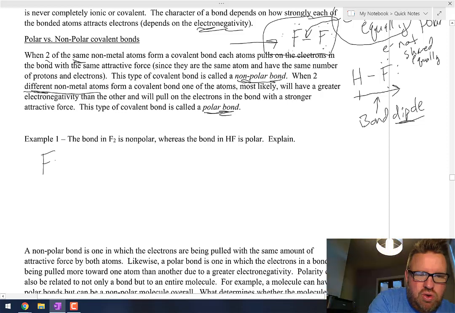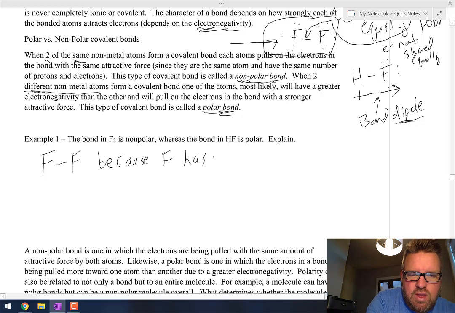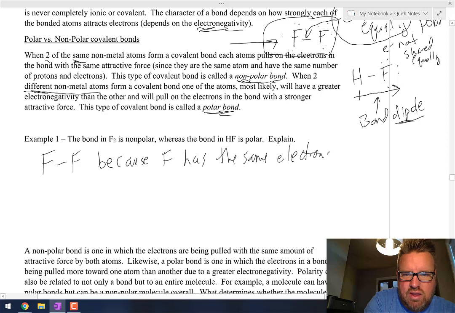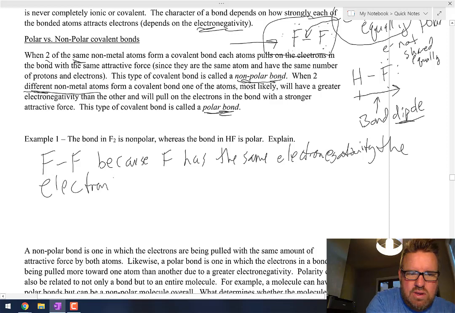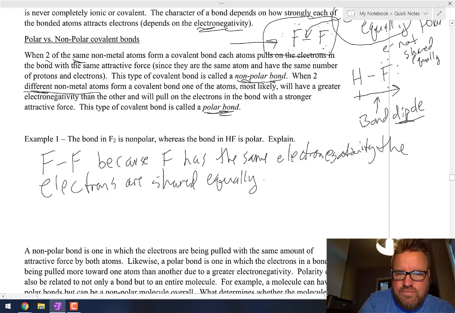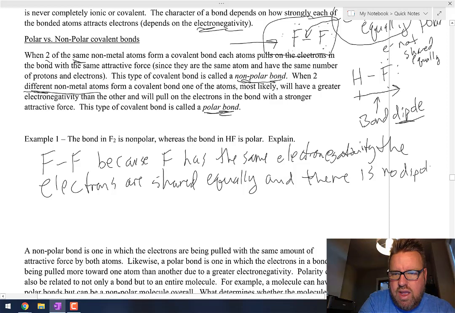So in F2, okay, because fluorine has the same electronegativity, the electrons are shared equally. Okay? And like we just said, there is no dipole.